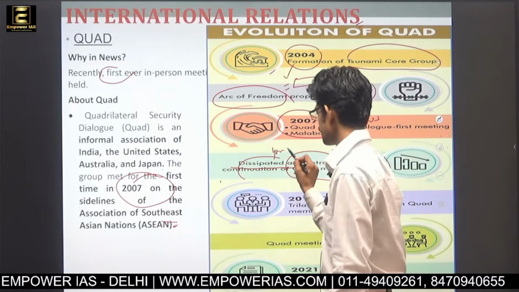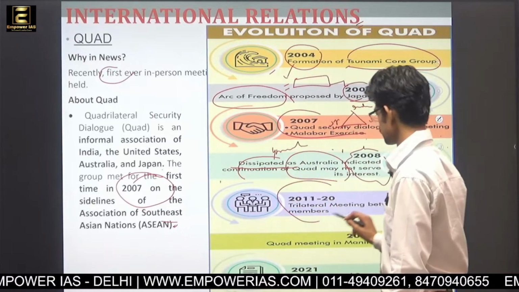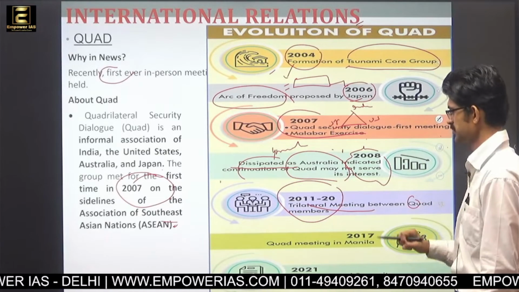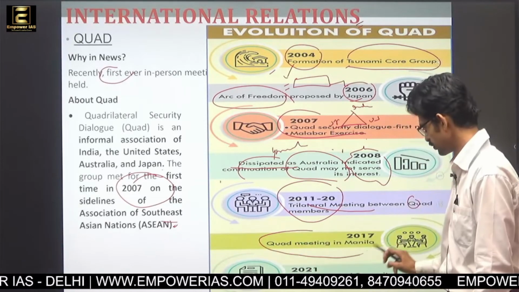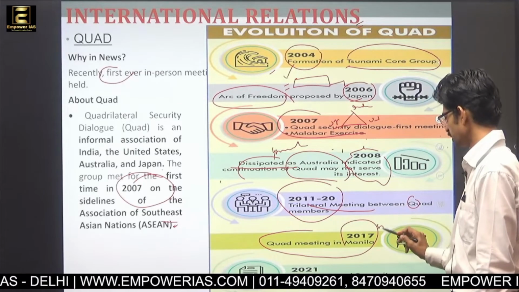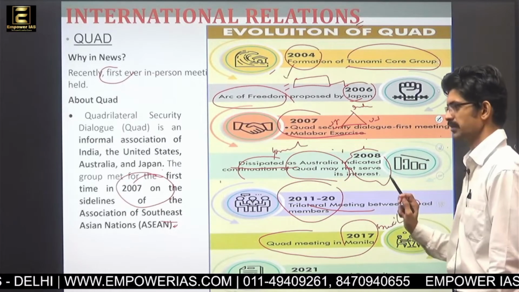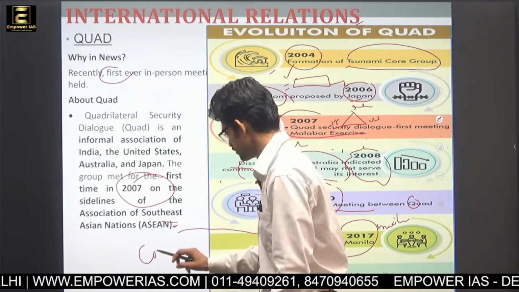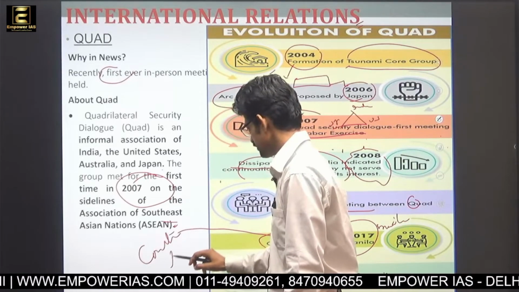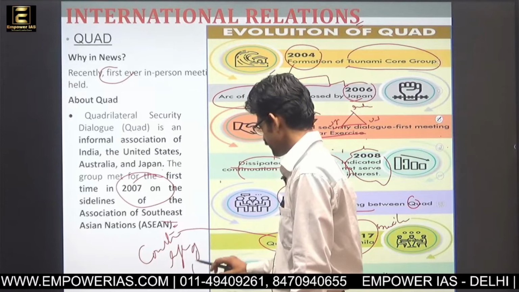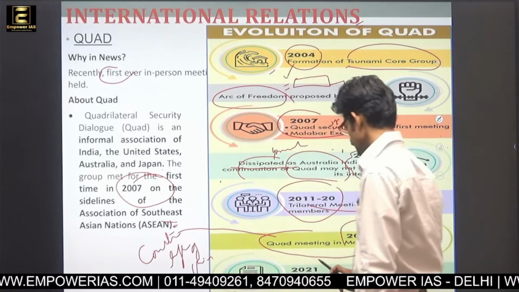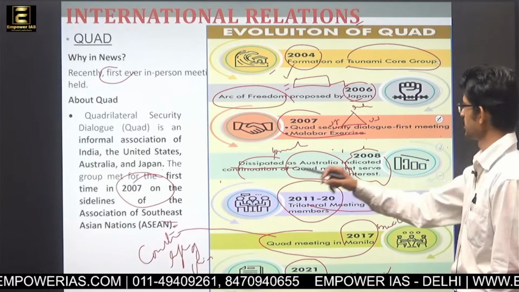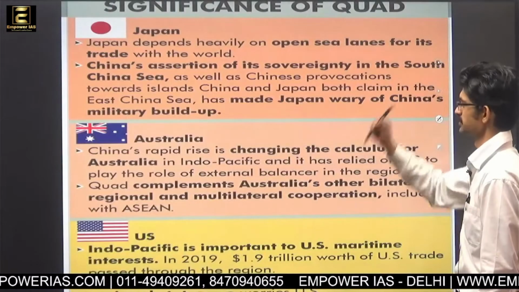In 2011 and 2012, there was trilateral membership between Quad members, and the Quad meeting in 2017 was held in Manila, where Quad members discussed how to counter the influence of China. Then in 2021, there was the Maiden Quad Summit which was held recently, about which this news says.